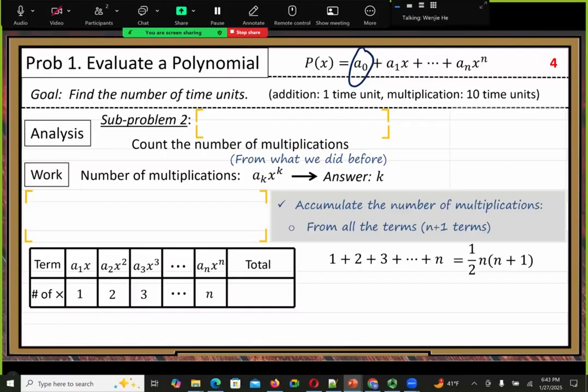You need to memorize this. It's a basic formula, commonly used. So then here we know the final number of multiplications.